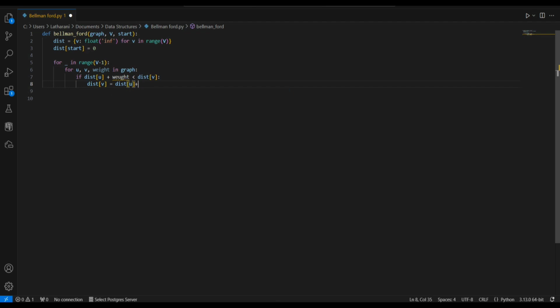Next one is negative cycle detection. In this, we need to detect a negative cycle after the relaxation steps. The algorithm checks all the edges one more time. If any distance can still be reduced, this means the graph contains a negative weight cycle and the algorithm reports it. If no such change occurs, it means there are no negative cycles.